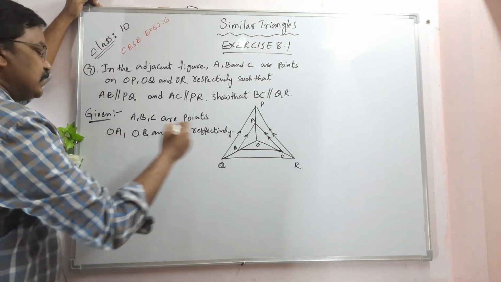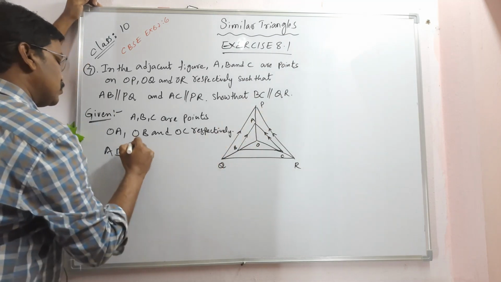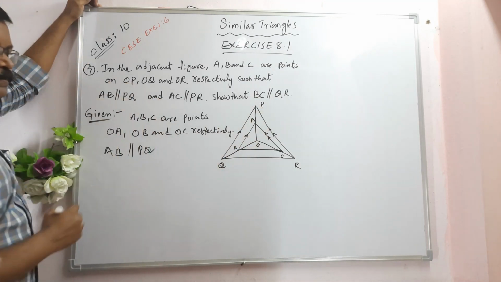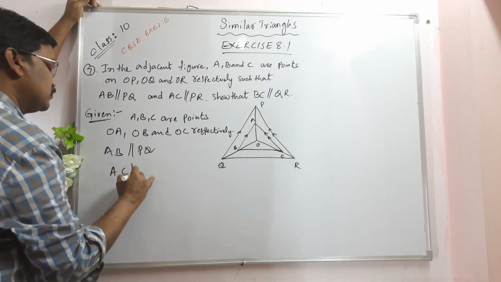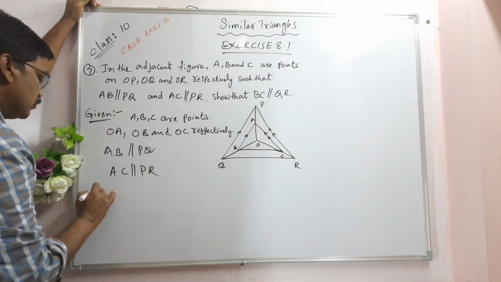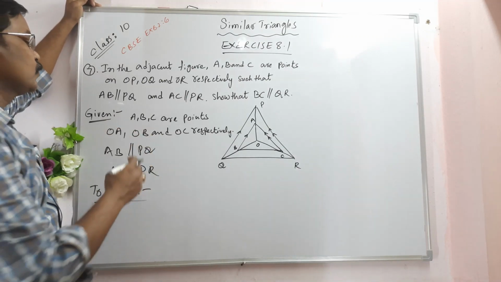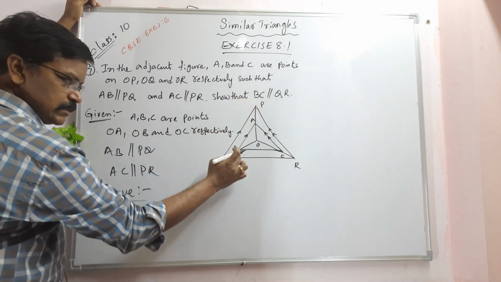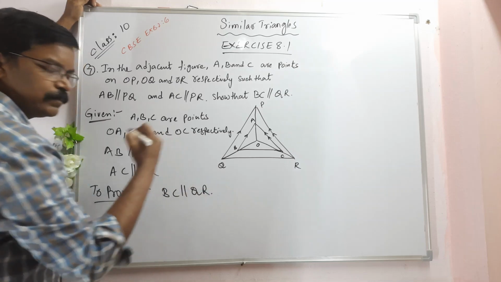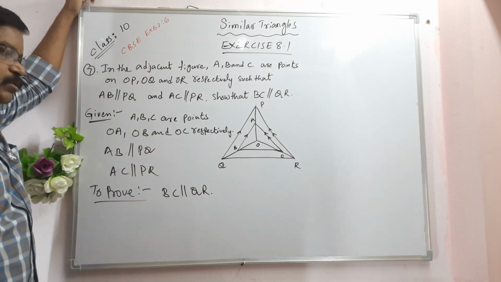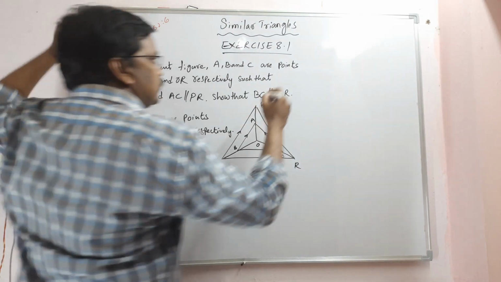Here AB is parallel to PQ. This is also given. And AC is parallel to PR. This is also given. So what is to be proved? To prove BC is parallel to QR. Understand? Right. Now I will write the proof here.